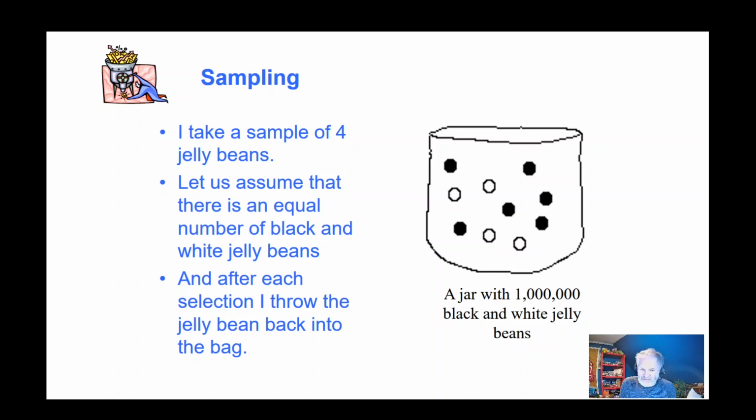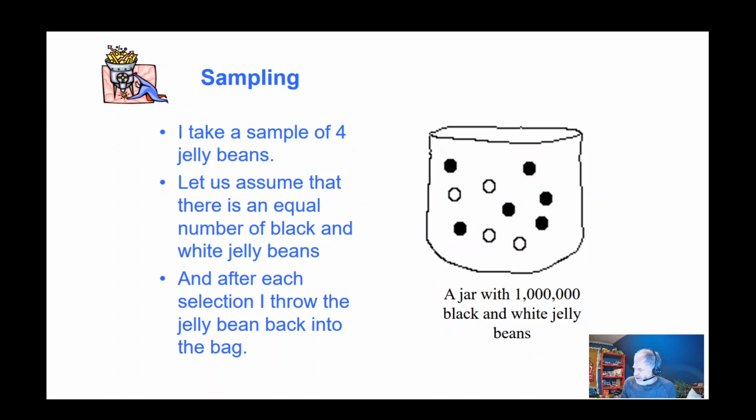I have museum quality gloves, and they go right up to my elbow. I can reach deep into that jar to grab a jelly bean, and I'm sampling with replacement. So once I pick out a jelly bean, I look at it, mark down its color, and then I put it back into the jar, and then I dig deep into the jar again to pull out a second jelly bean. So I have a sample size of 4. I do that 4 times.